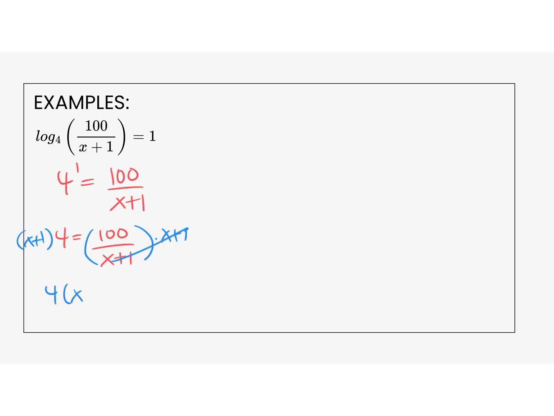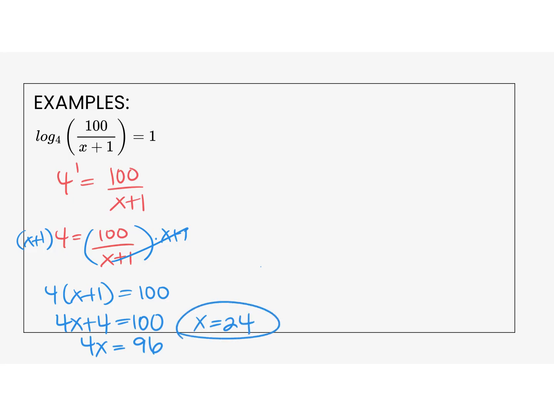So I get 4 times x plus 1 equals 100. I'm going to distribute it. So I get 4x plus 4 equals 100. So 4x equals 96, divided by 4. So x equals 24.